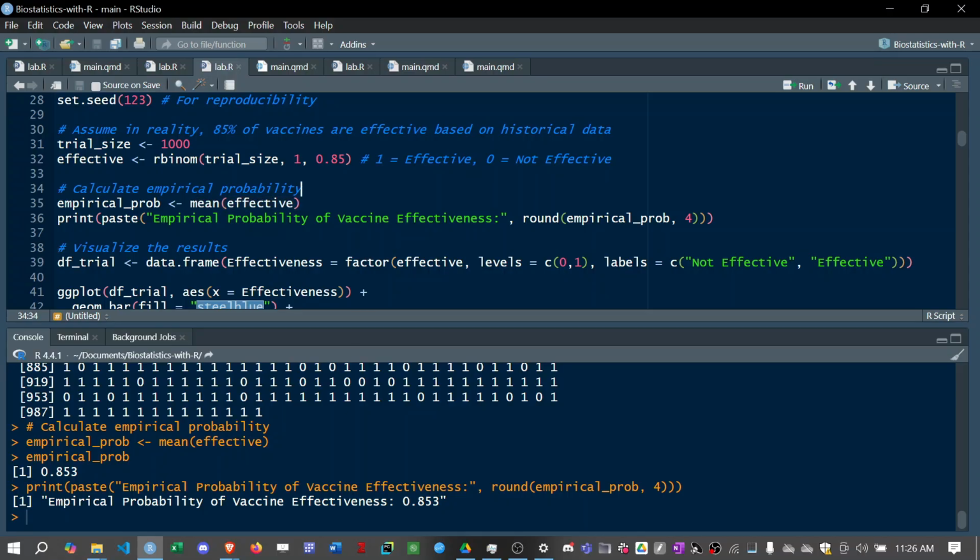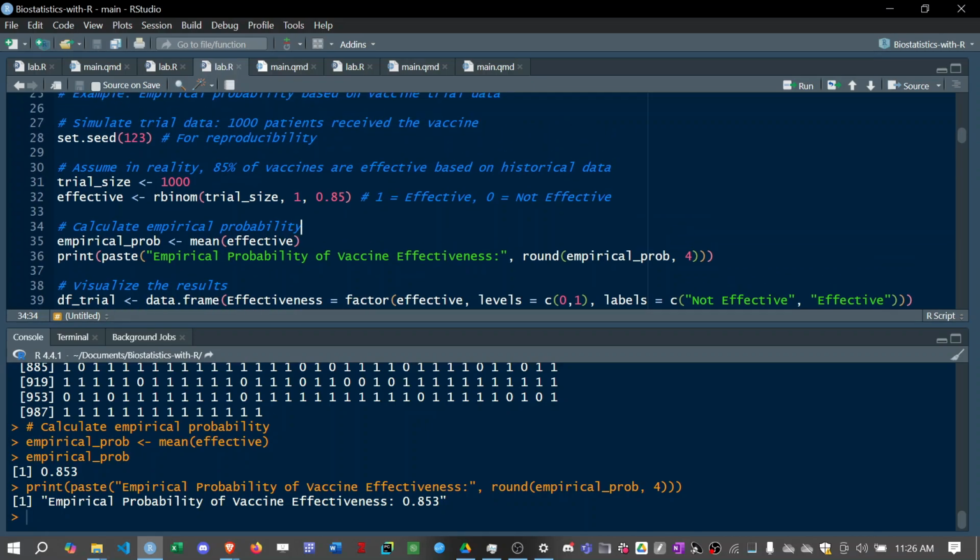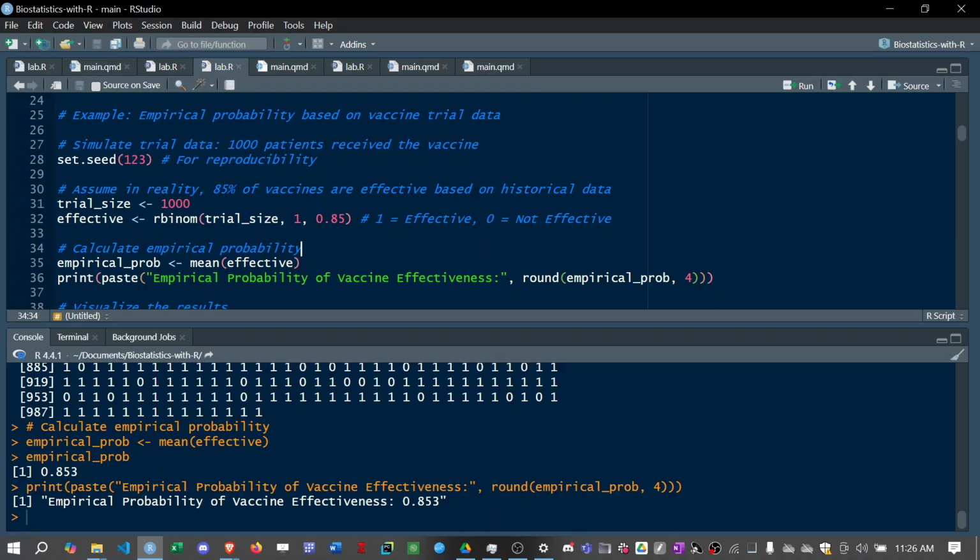What did we just do? We calculated the probability of effectiveness of the vaccine. Since it responded in 85% of the people in the trial, this means 85 divided by 1,000, which gives us 0.853, is our probability that the vaccine is actually effective. This is what I explained earlier when I was talking about sports and weather forecasts.